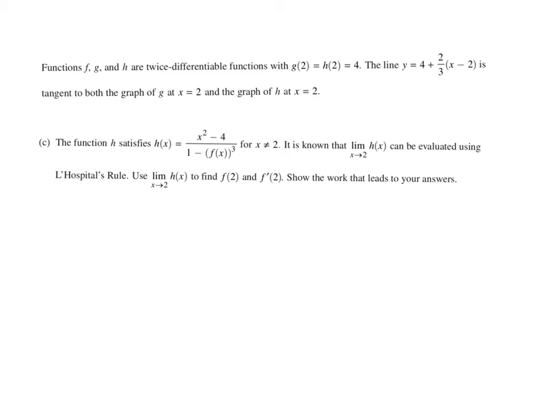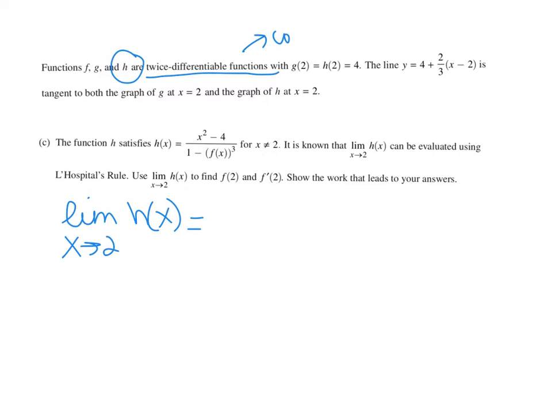We first need to figure out the limit as x approaches 2 of h of x. There's actually two parts to figuring out this limit. I'm going to give you the first part. We know that f, g, and h are twice differentiable functions. Knowing that h is differentiable is really helpful because that means that it is also continuous.